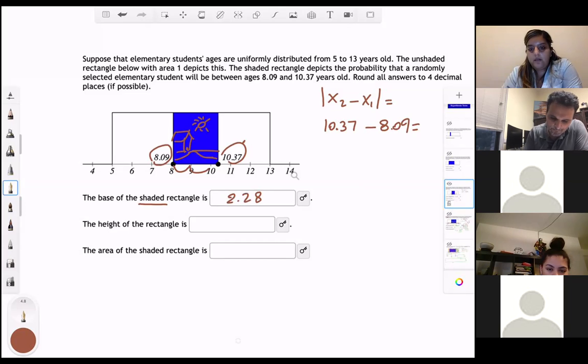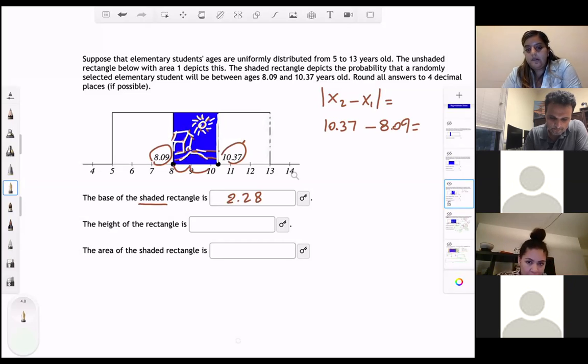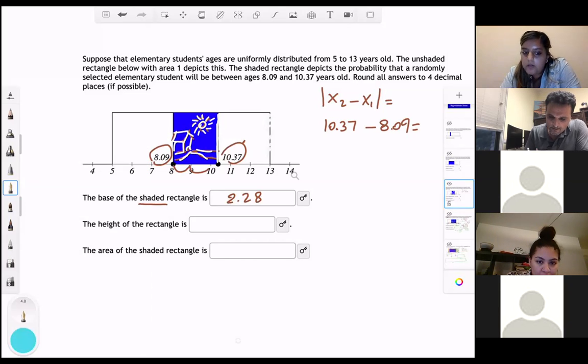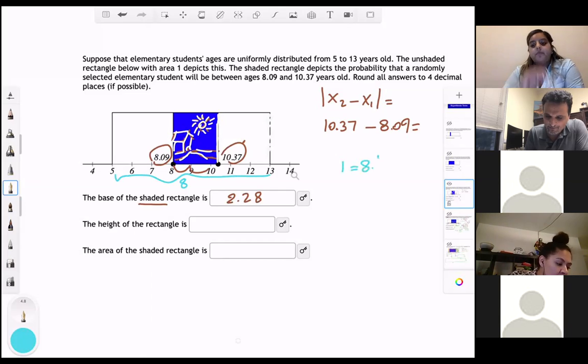The height of the rectangle. Now what is the height? This height is the same as this height, correct? What is the height? Is it 1/8? So this distance is 8. The area is 1. So we have 1 equal to 8 times h.